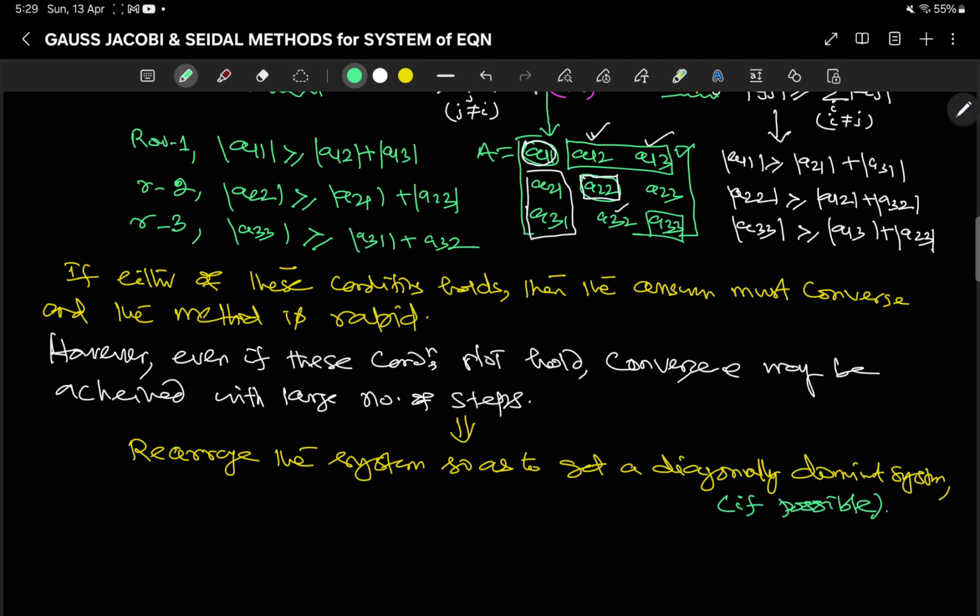Otherwise, we proceed, and as far as practicable we try to make it diagonally dominant. Then the convergence is assured and the number of steps is less, okay?